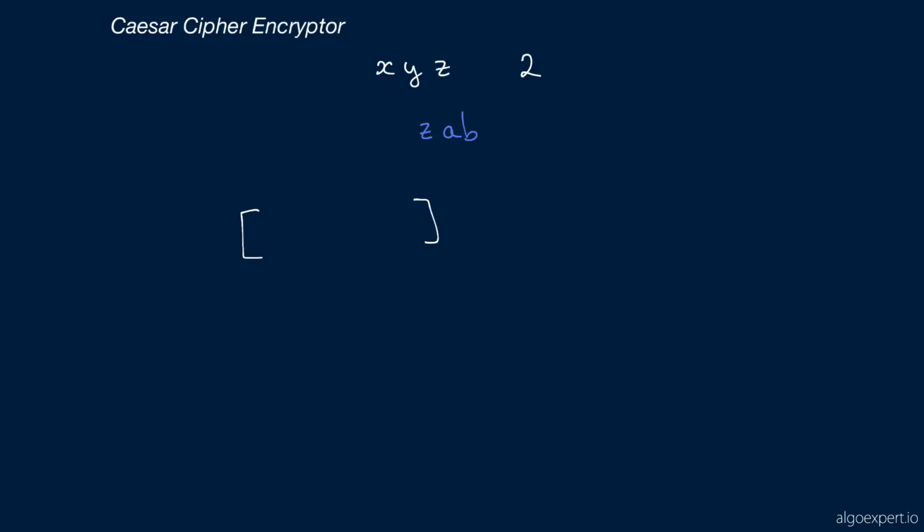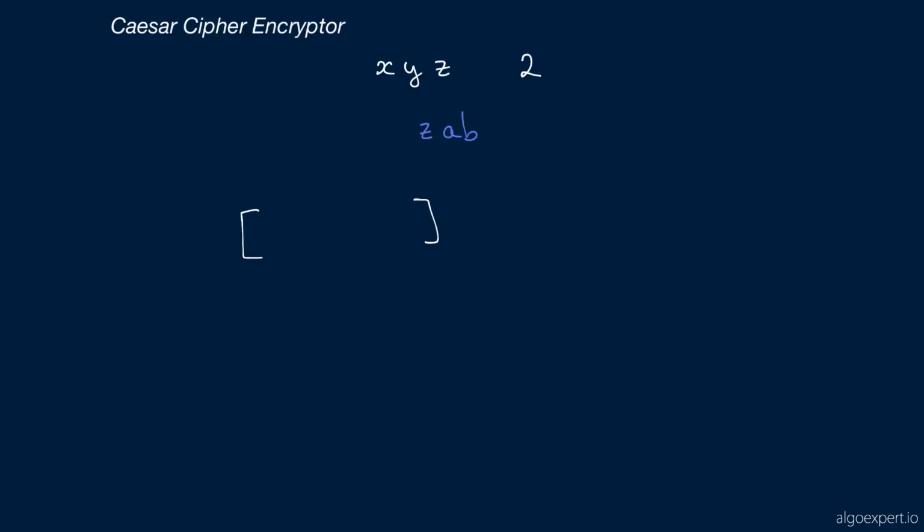But so what do we do in that function or in that sort of formula to shift one letter into a new letter? That's where the crux of this algorithm comes into play. One way that you can implement this function is to use Unicode values.